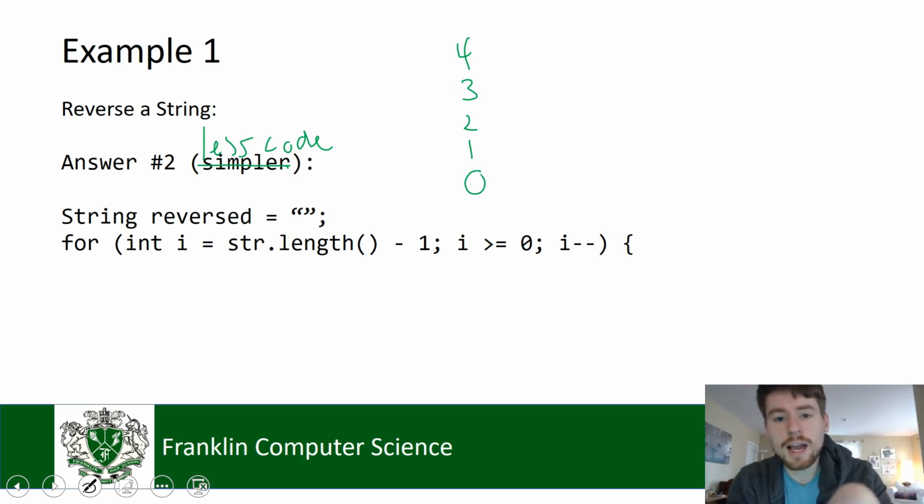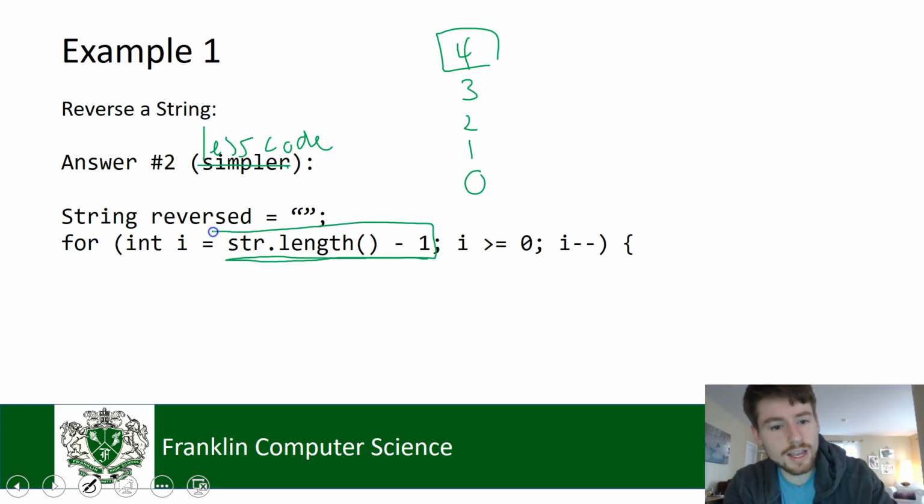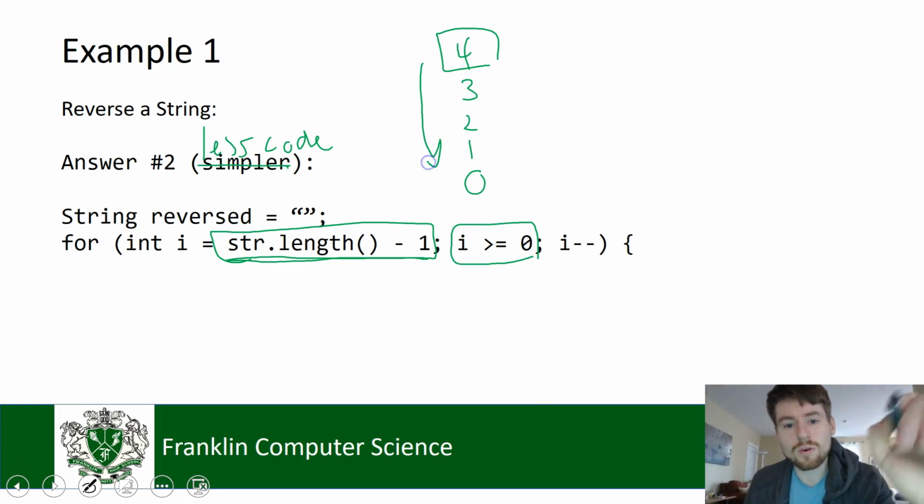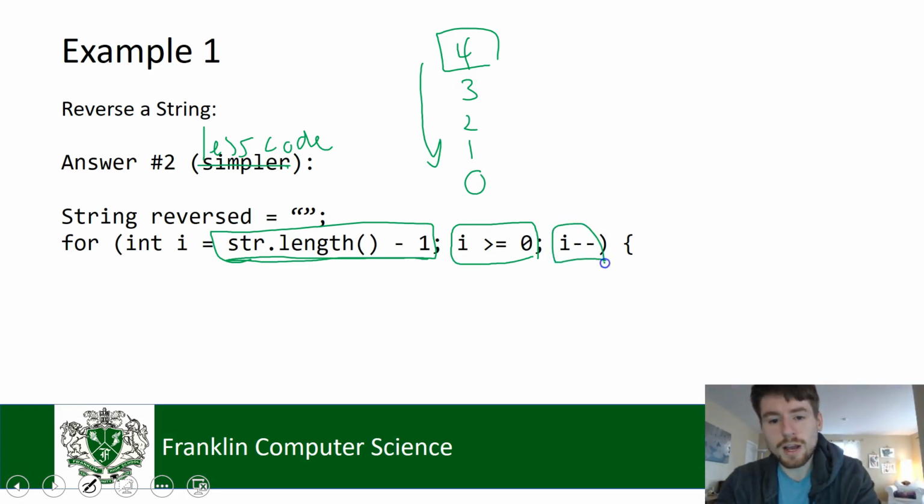What are we starting at? We're starting at the last character's index, which would be 4 for funny. And we are looping as long as it's greater than or equal to 0. So we are starting at 4 and going down, and as long as the I is greater than or equal to 0, we want to keep going. And then we decrease by 1 each time.